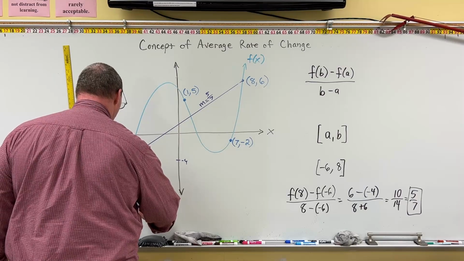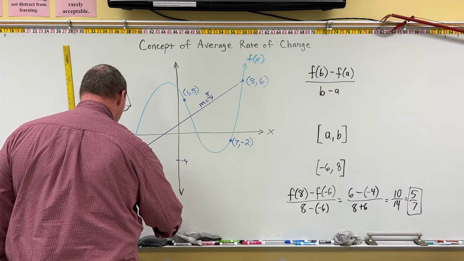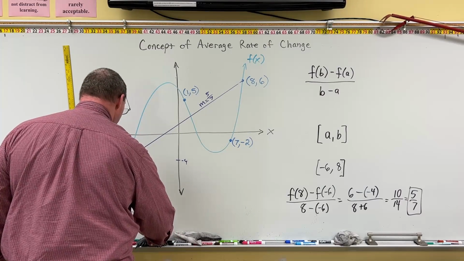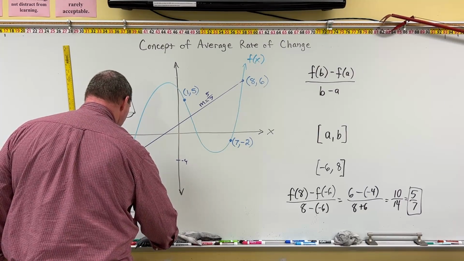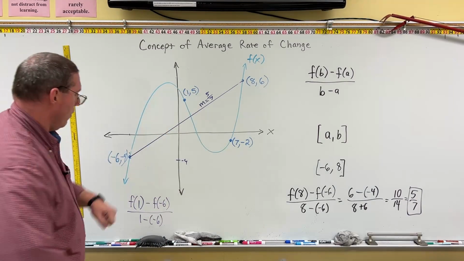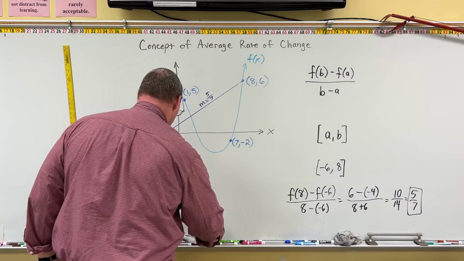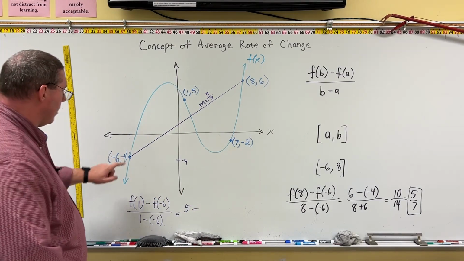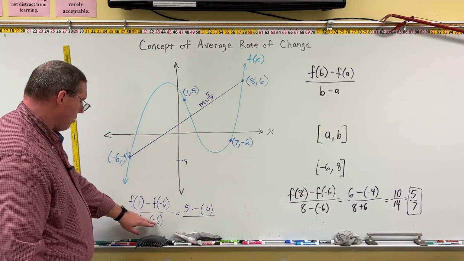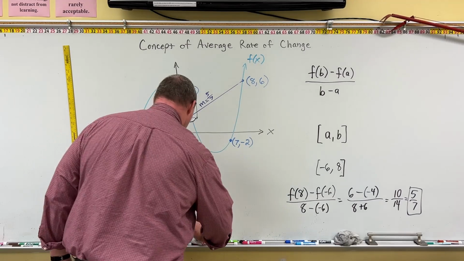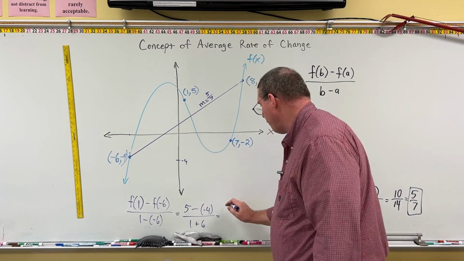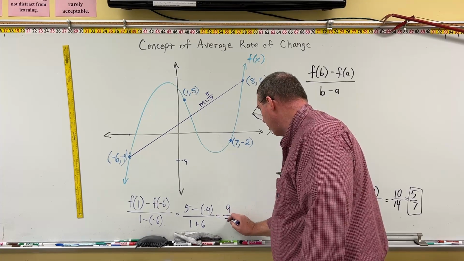So we're going to do f of 1 minus f of -6, this is f of b minus f of a, over b, which is 1, minus a, which is negative 6. f of 1 is 5. So this is going to be 5 minus f of negative 6, which is negative 4. So 5 minus negative 4 over 1 minus negative 6, that's like 1 plus 6. So 5 minus negative 4 is 5 plus 4, that's 9 over 1 plus 6 is 7.